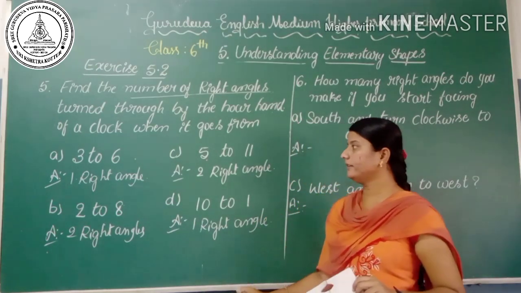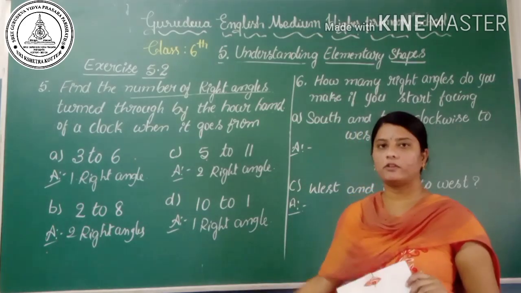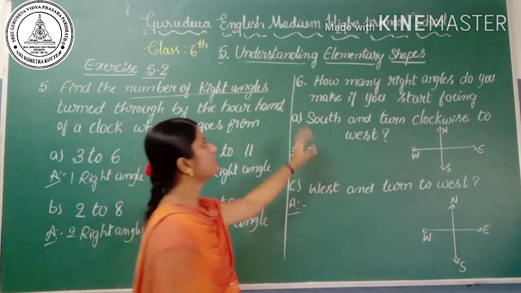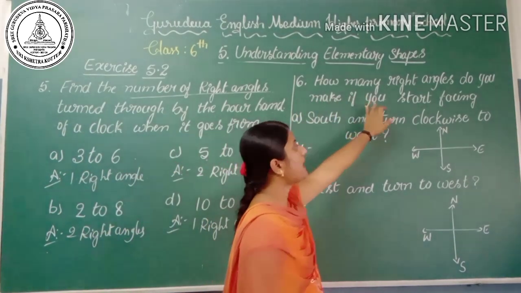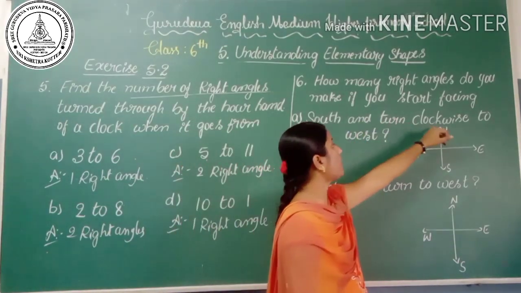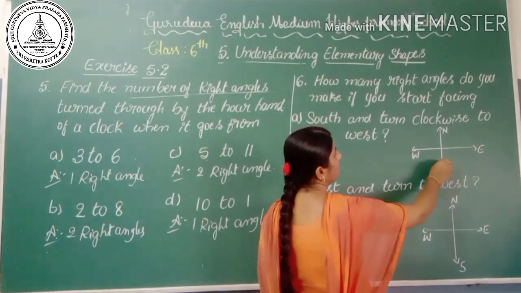Is it clear? The remaining two questions you have to solve in the notes. Then, how many right angles do you make if you start facing first south and turn clockwise to the west? So here start from the south to the west.